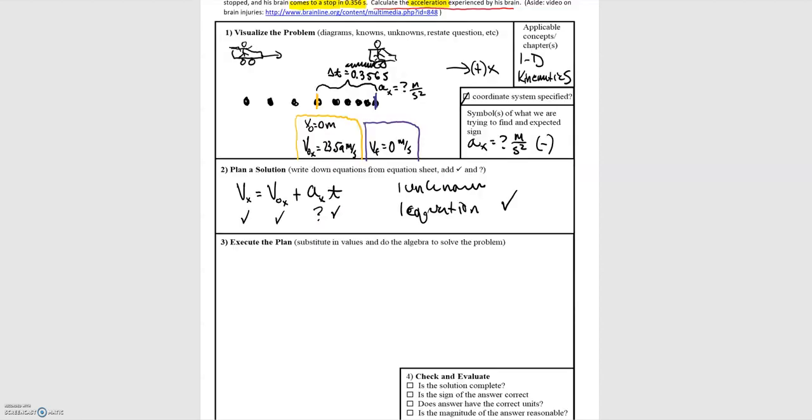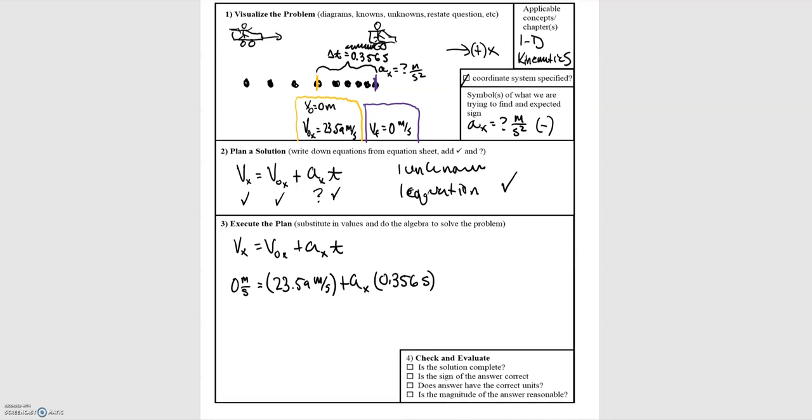Now the hard part, all we need to do is just execute our plan. So starting from our equation, we have the final velocity is equal to the initial velocity plus the acceleration multiplied by time. Substituting what we know and don't know in, the final velocity is equal to 0 meters per second. The initial velocity was 23.59 meters per second. We are looking for acceleration, and all of this is happening over the time interval of 0.356 seconds.